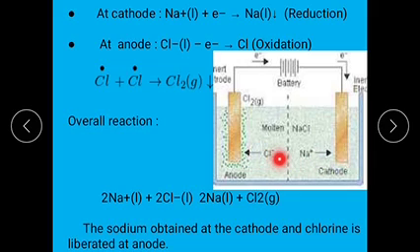The Cl minus ions move towards the anode side, and the Na plus ions move towards the cathode side. Then we discuss the reactions at the anode and cathode. Sodium is deposited on the cathode, and chlorine gas is liberated at the anode in this reaction.